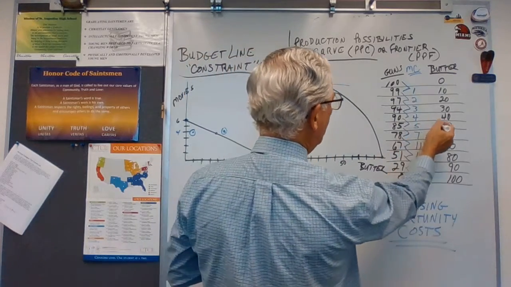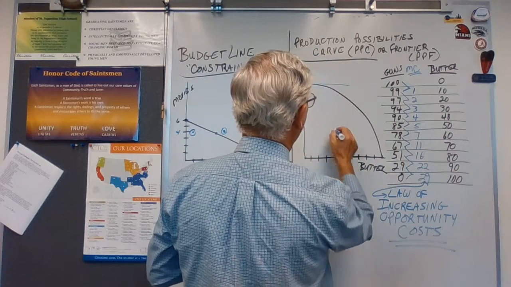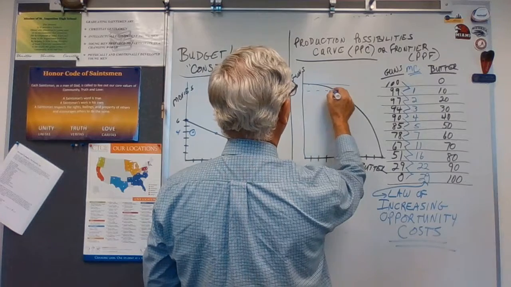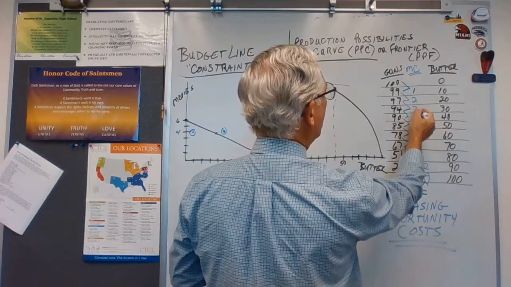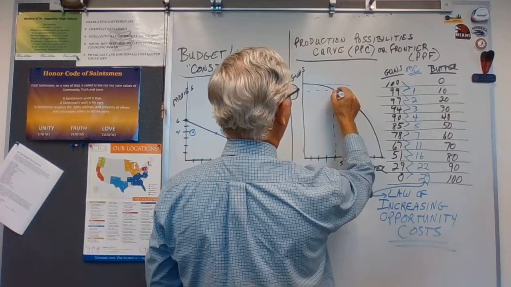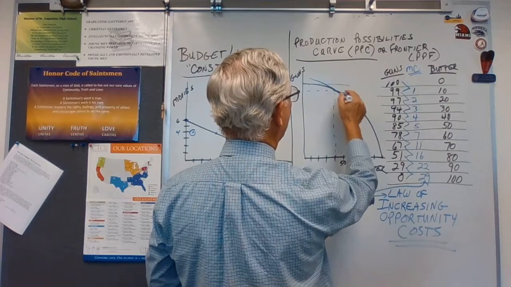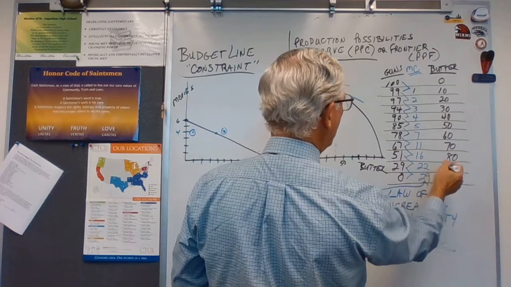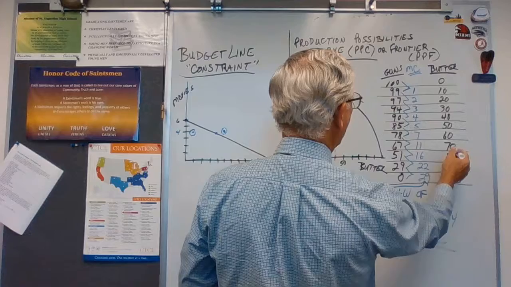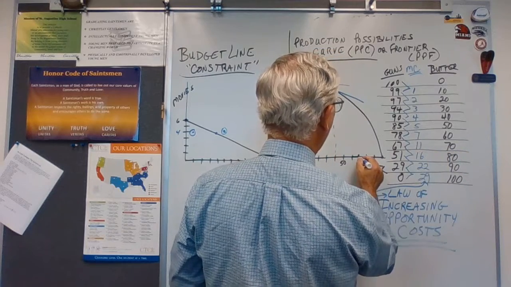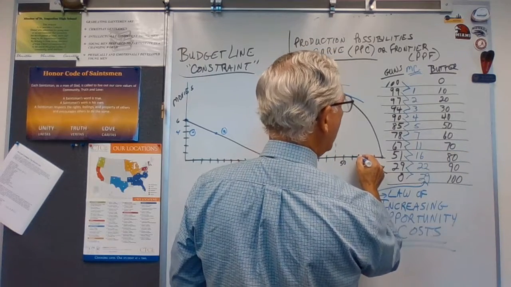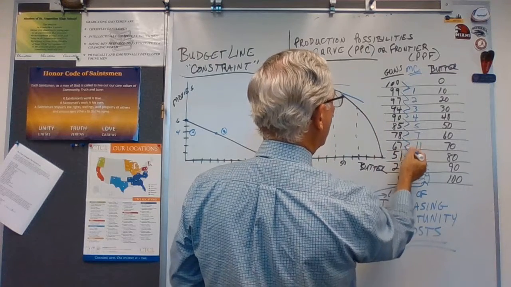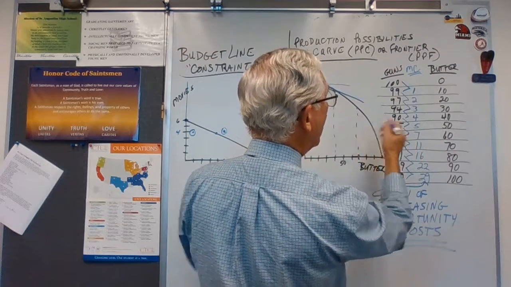Let's jump to 40 units of butter, and that's going to leave us with 90 units of guns, and the slope is going to be 3 to 10, so significantly more slope to it, okay? Let's jump to 70 units of butter. That would be right here, and we should have 67 units of guns, and that would be an 11 to 10 rather.